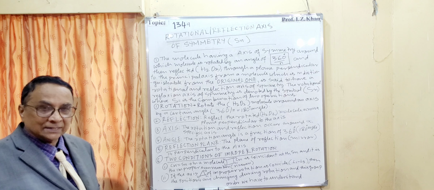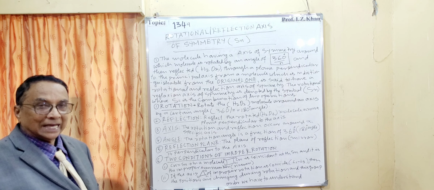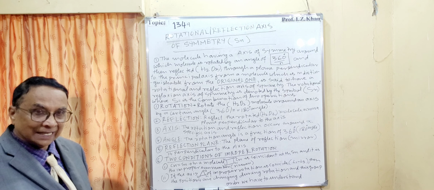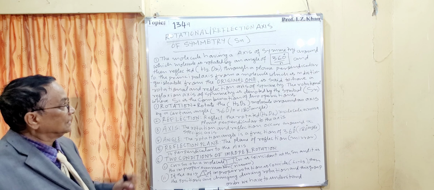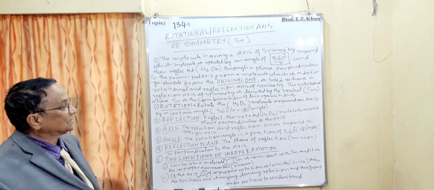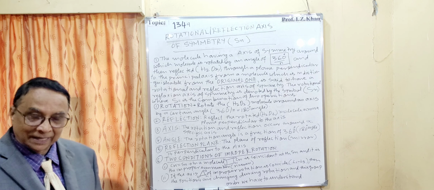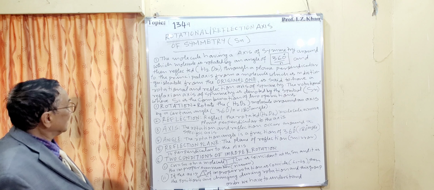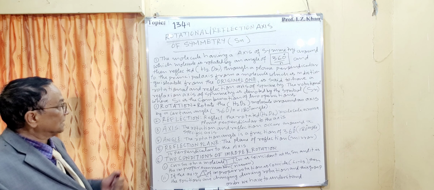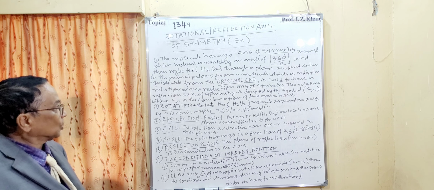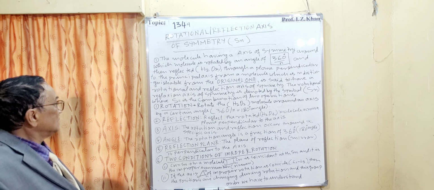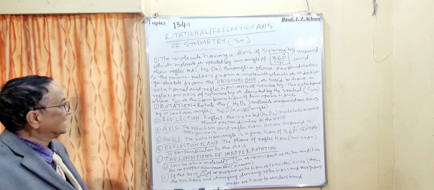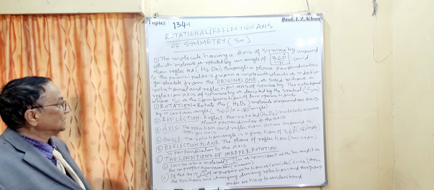So around that axis, all these molecules rotate by a certain angle, and that angle is 360 degrees divided by n, where n is the order, and then it is reflected, like the example in H2O2, through a plane perpendicular to the principal axis, giving a molecule which is indistinguishable from the original one.